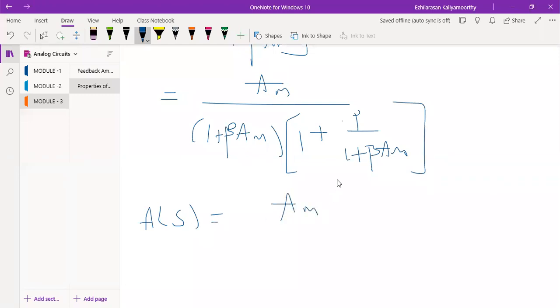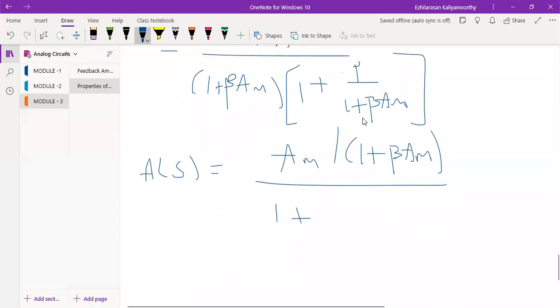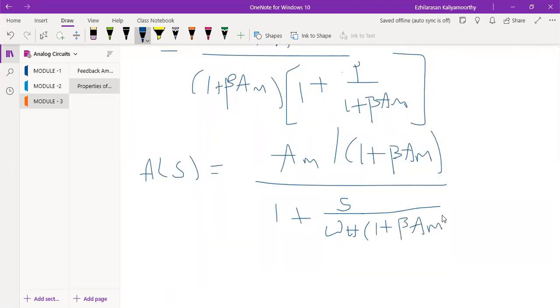AM divided by 1 plus beta AM. I will take this to the numerator. Then the denominator will be 1 plus, substituting for P, P is nothing but S by omega H, so that becomes S by omega H into 1 plus beta AM. So this is the expression we are getting here.